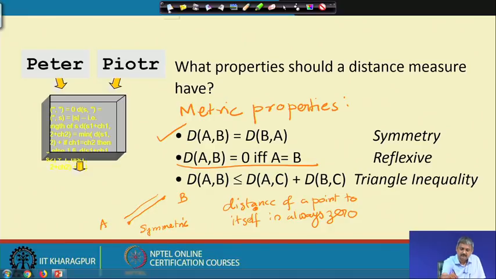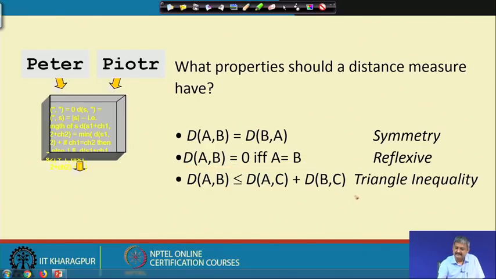The third one is the triangle inequality. That means, if you take 3 points, the distance A to B plus B to C is greater than or equal to the distance from A to C directly.